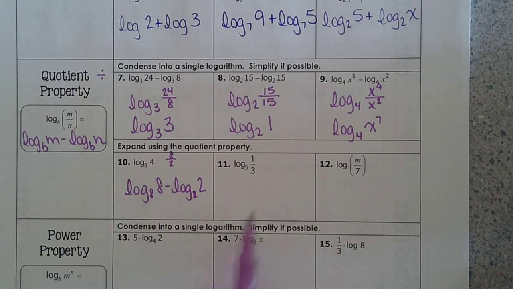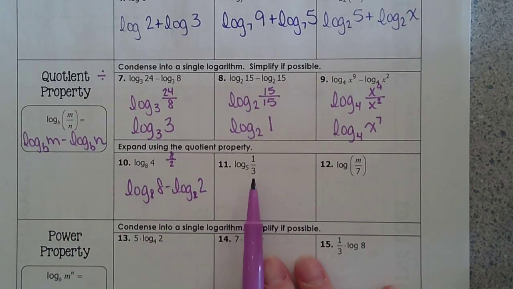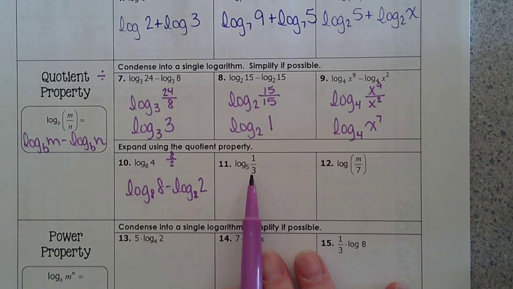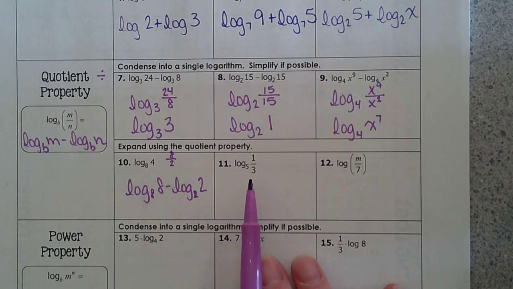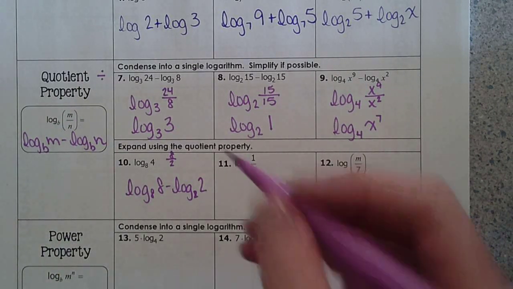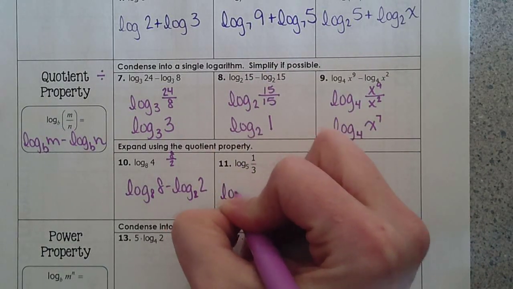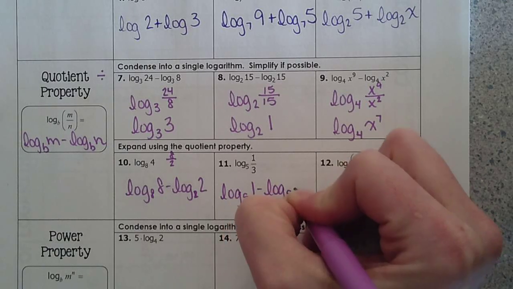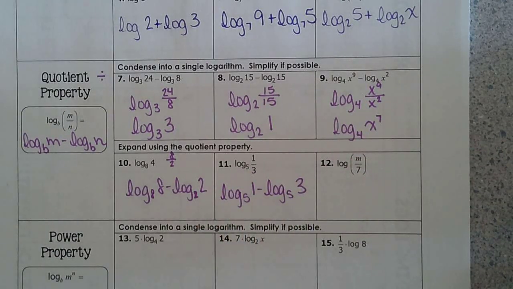Looking at number 11, my number is 1/3, so I could do log base 5 of 1 minus log base 5 of 3. I could also do 2 and 6. I could do 3 and 9. Whatever it is that I need, I could use 5 and 15. I'm just going to use 1 and 3. There would be a benefit of using 5 and 15 because we're in base 5.